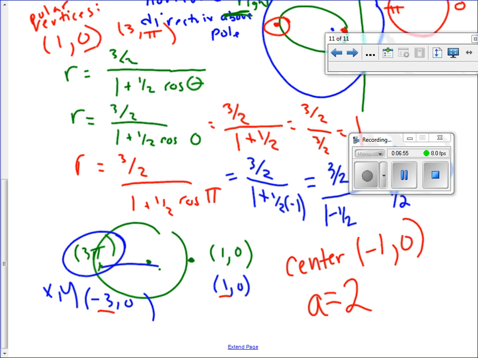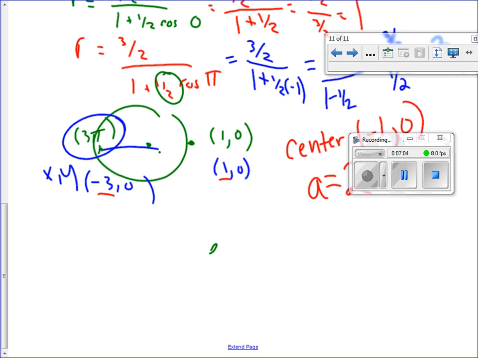I can figure out C because I already know the eccentricity. If I go back to my original equation, my eccentricity is 1/2, and my definition is C over A, and I just figured out that A is 2. So that tells me that C is 1.